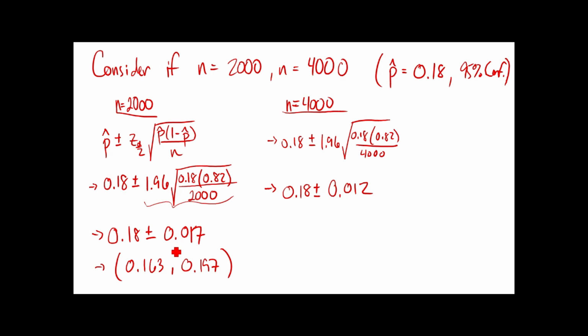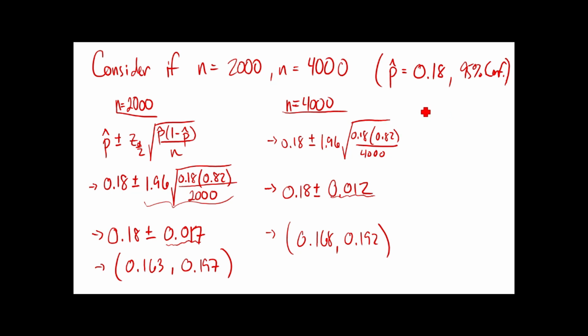So what happened to this value that we add and subtract? It got smaller, right? Which means that our interval is going to narrow in a little more. So now it's going to be 0.168 up to 0.192, right? So our interval is shrinking in.